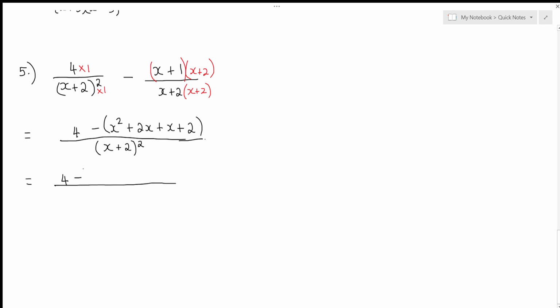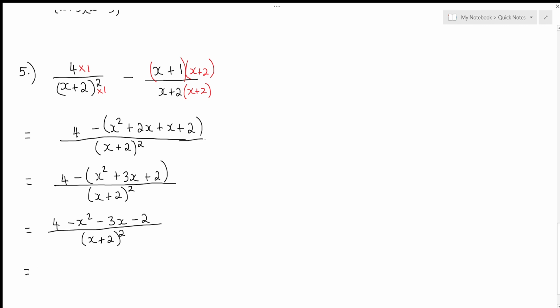So here we'll have 4 minus x squared plus 2x plus 1x would give me 3x plus 2 over x plus 2 all squared. And so we're going to multiply out by the negative. It's going to be 4 minus x squared minus 3x minus 2 over x plus 2 all squared.